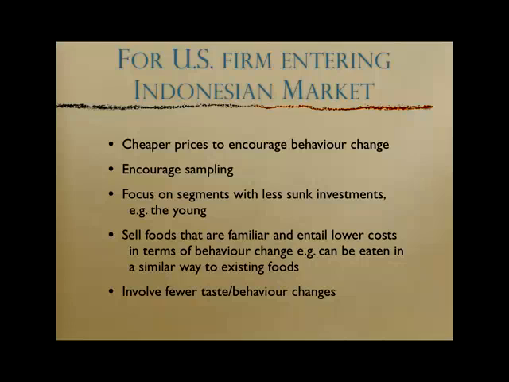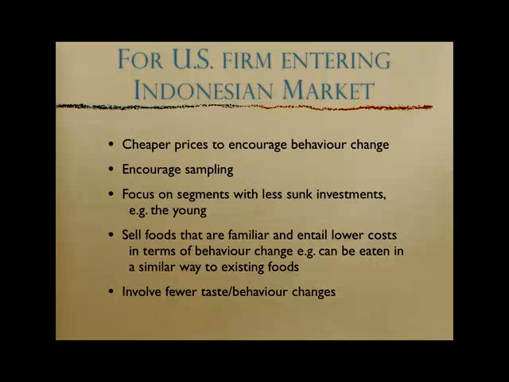Again, what sampling does in the context of the economic framework that we have in this chapter is that it allows people to gather information about a product, in this case food, at a relatively lower price than would be possible if sampling wasn't available. Also, marketers can tend to focus on those segments of the market which have lower sunk investments than others.